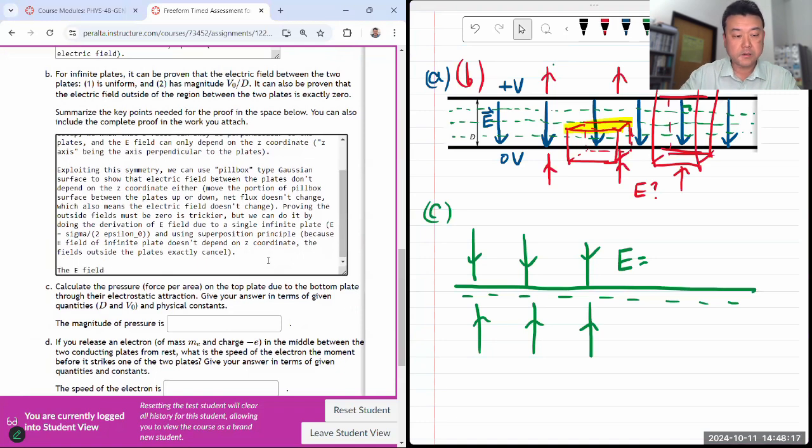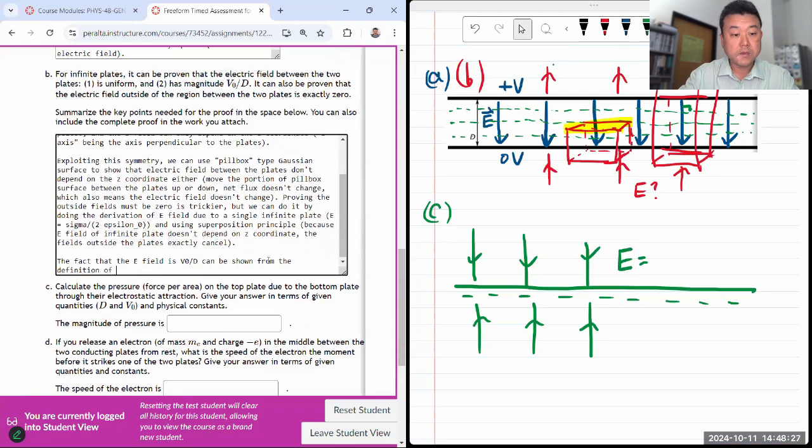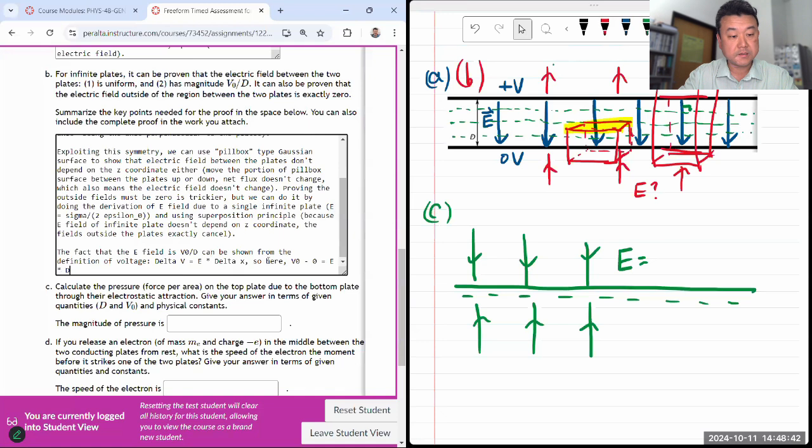The fact that the E field is V naught over D can be shown from the definition of voltage, which is that delta V is equal to E times delta X. So here V naught minus 0 is equal to E times D. So E is equal to V naught over D. So this would actually be E average.